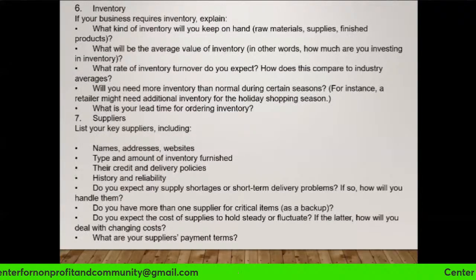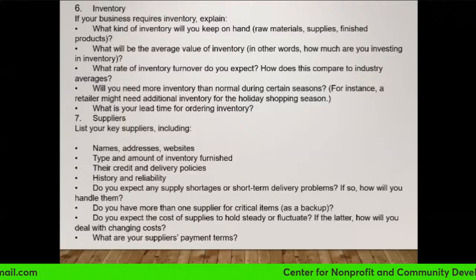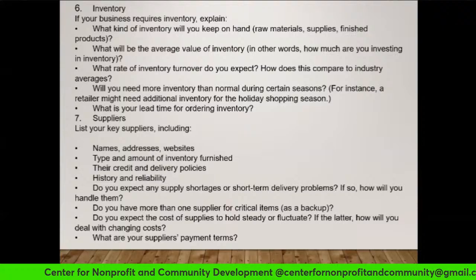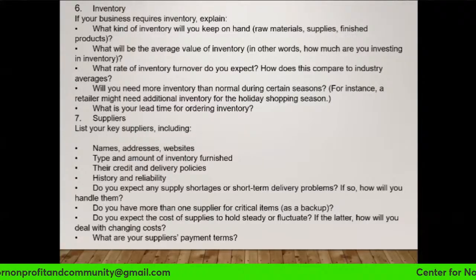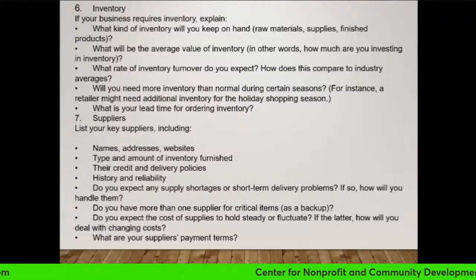Your inventory. If your business requires inventory, you should be able to talk about what type of inventory you will have on hand. What will be the average value of the inventory that you have on hand? What's the rate of inventory turnover that you expect? What is your lead time for ordering inventory?